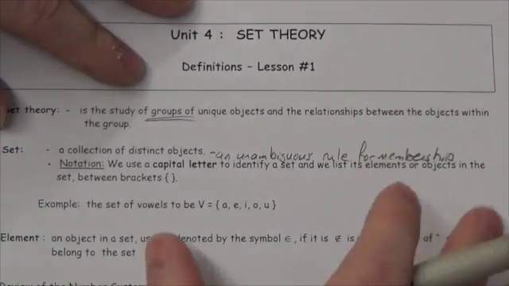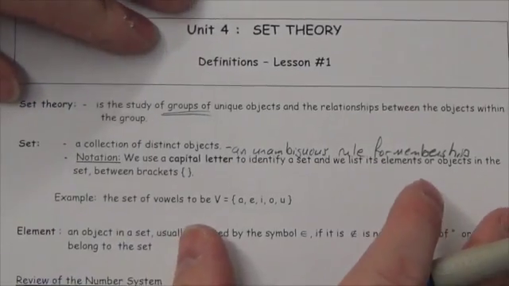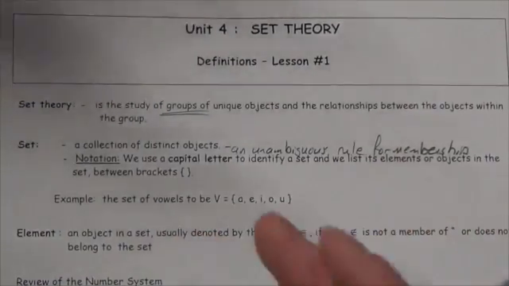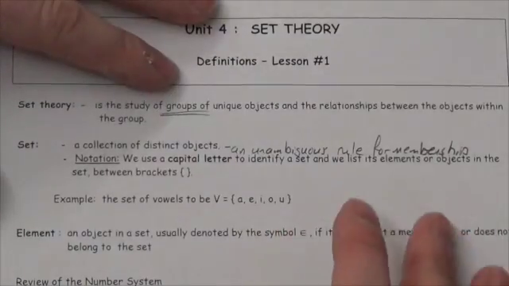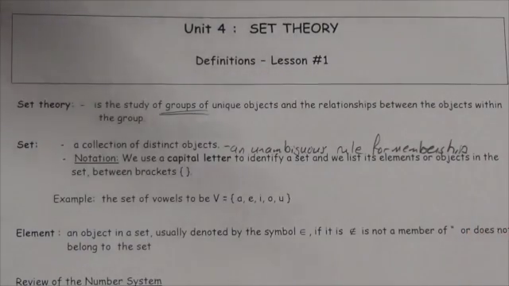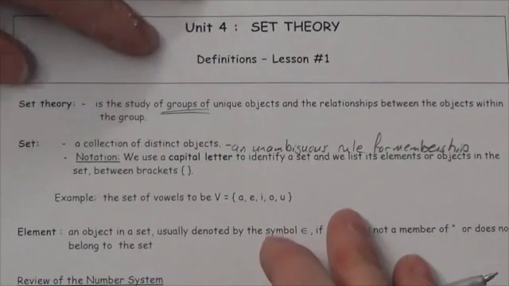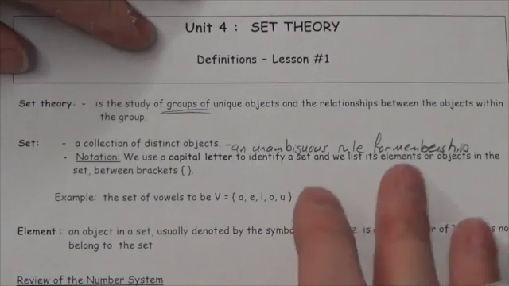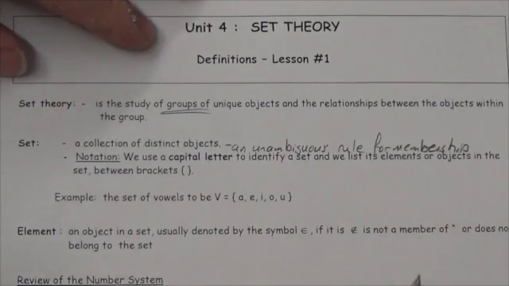You'll know that you're looking at a proper set if, no matter what you look at, you're never in a situation where you're like, well, does this belong to the set or doesn't it? If you're looking at it going, well, I can't tell, then your definition for that set is not very good. It should be an unambiguous rule for membership.